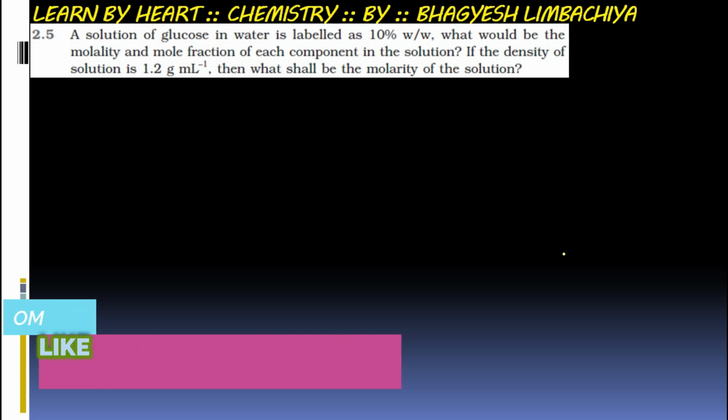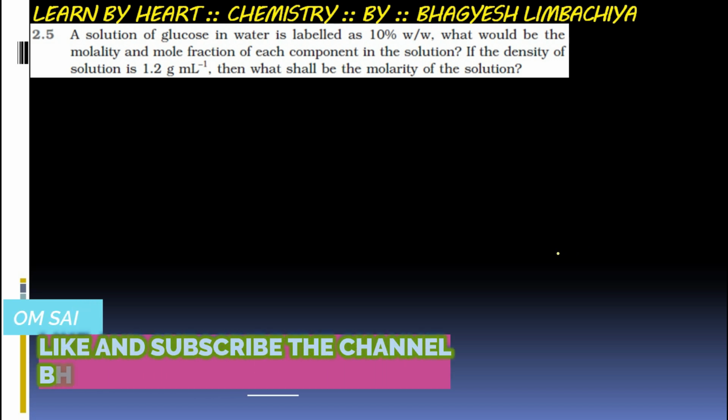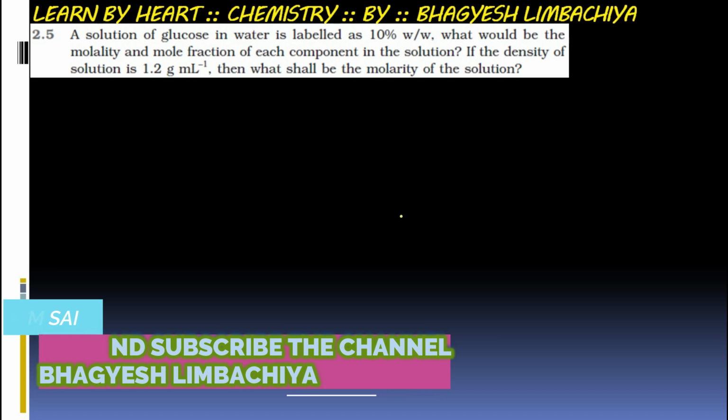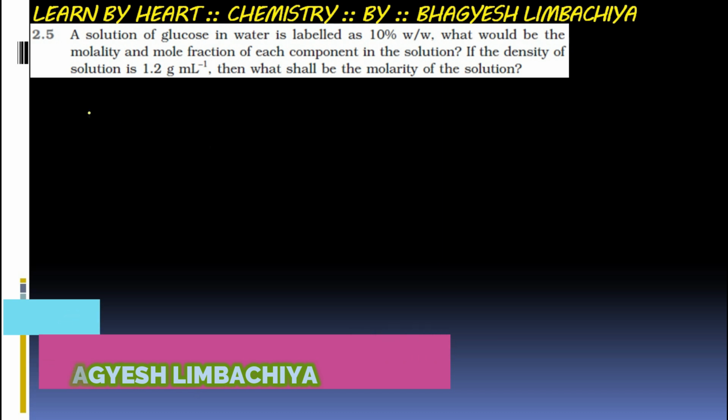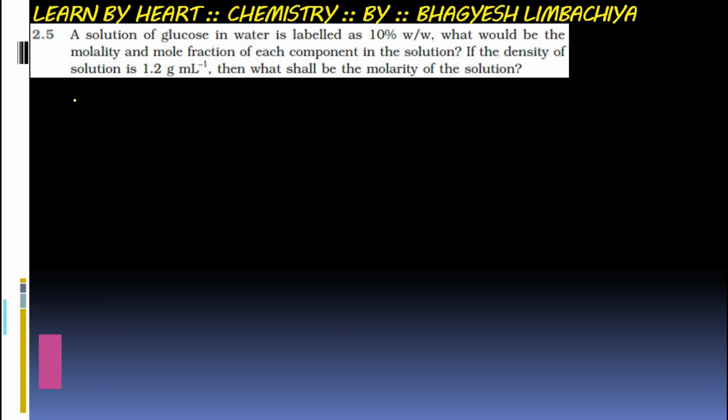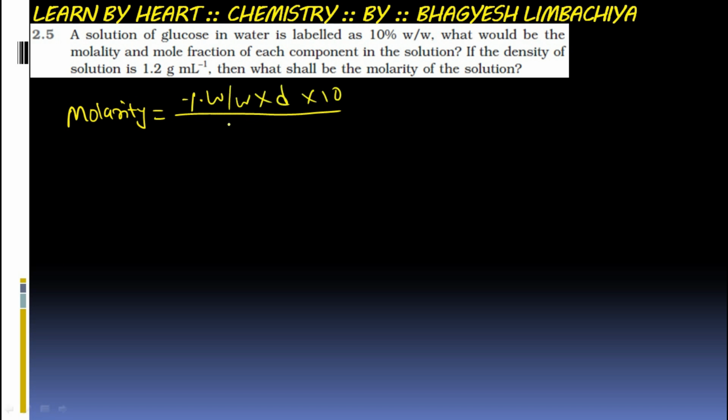Next question is: a solution of glucose in water is labeled as 10% W by W. What will be the molality and mole fraction of each component in the solution? Density is given as 1.2 gram per ml, and you are asked the molarity. Same as the previous question, we can first calculate molarity using the formula: molarity equals percentage W by W into density into 10, divided by molecular mass.